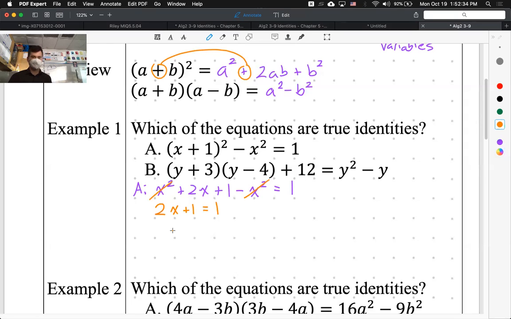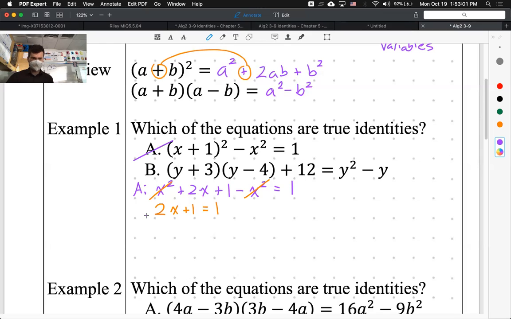Exactly. Because you subtract 1 from both sides, you get 2x is equal to 0. Divide both sides by 2, x is equal to 0. This only works for one value of x, when x is equal to 0. So go ahead in our notes and cross out A. It's not A. Only when the left-hand side and right-hand side are the same is it called an identity. Otherwise, it's just an equation.